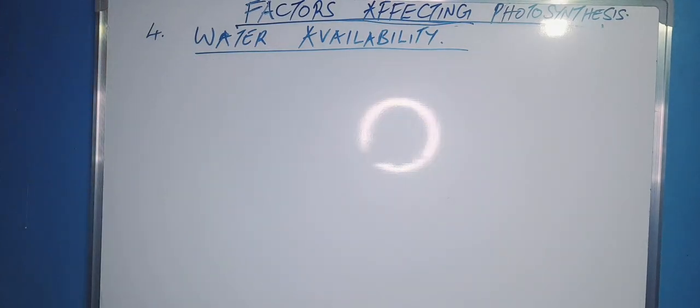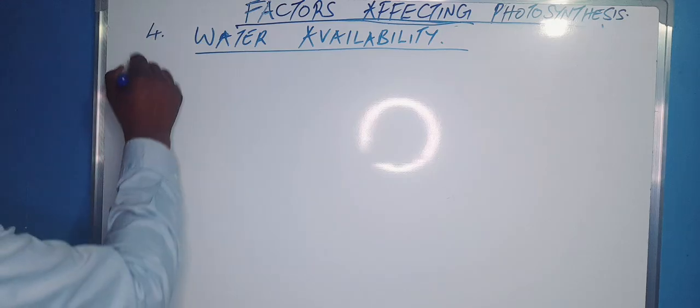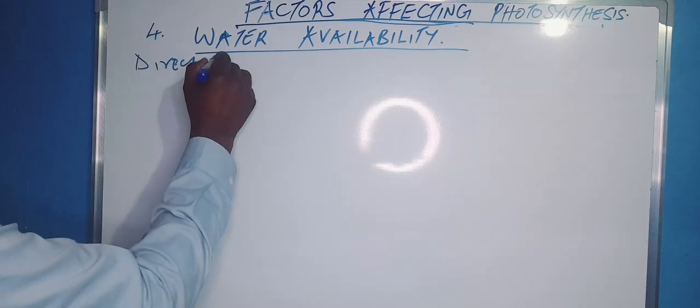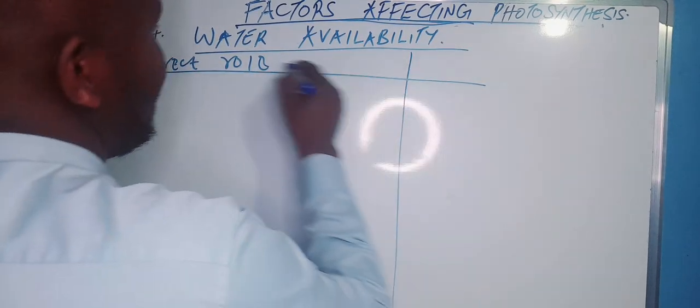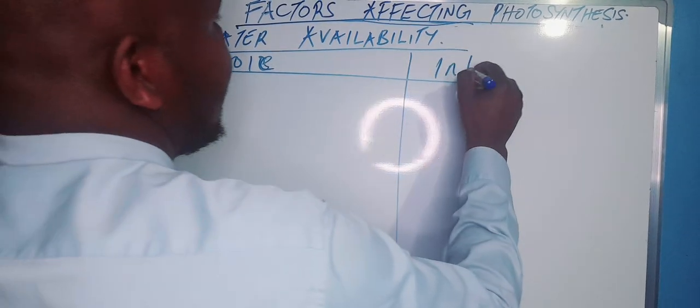Water availability. So water here will have some direct role and indirect role when it comes to photosynthesis. We have direct role and we have indirect.